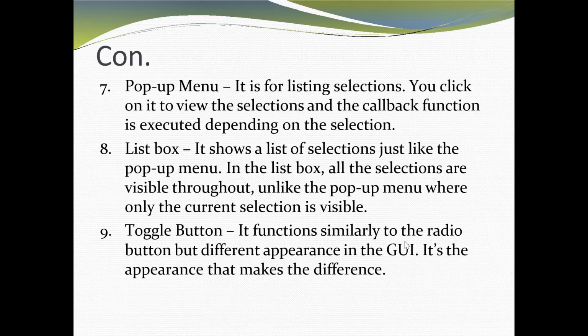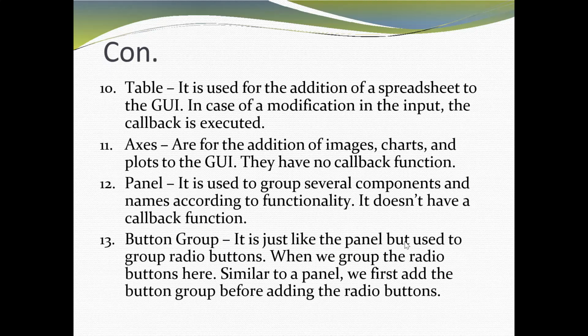In the list box, all the selections are visible throughout, unlike the pop-up menu where only the current selection is visible. But also you have the toggle button. It functions similarly to the radio button, but with a different appearance in the graphical user interface. It is the appearance that makes the difference, but the functionality is actually the same.